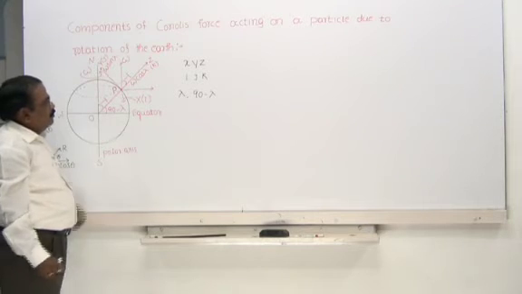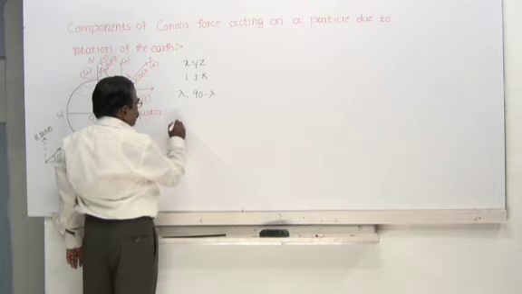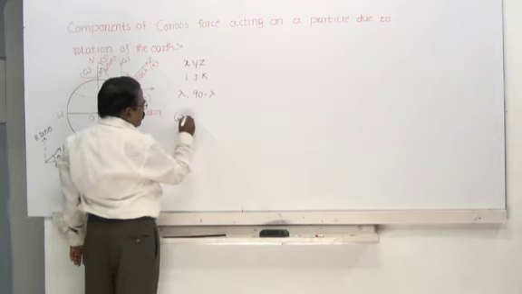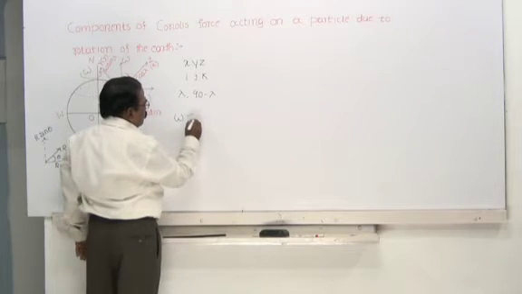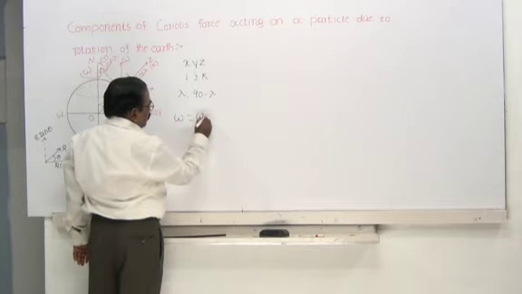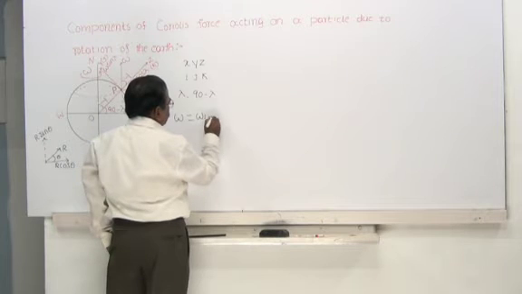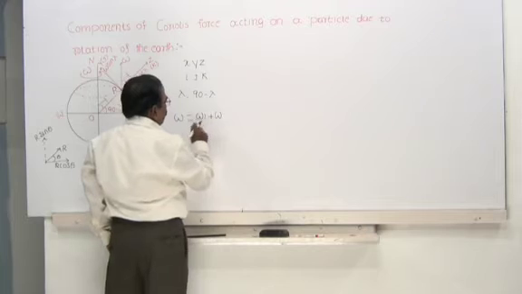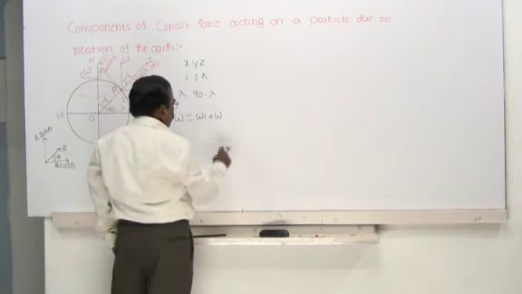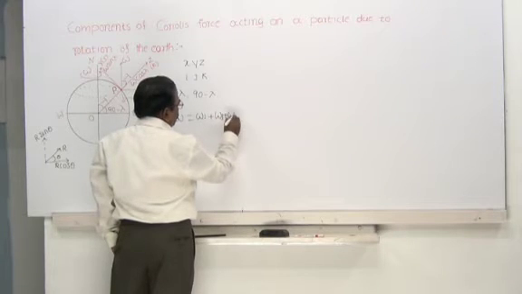So therefore, you know that your omega is equal to omega_x i plus omega_y j plus omega_z k.